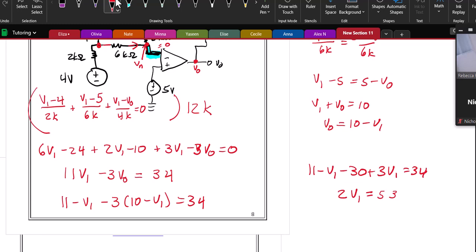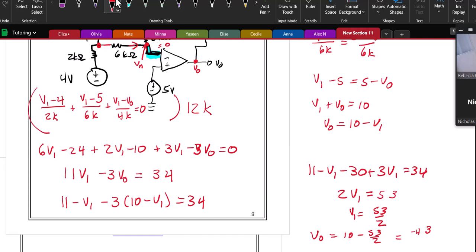What's V out equal? Oh, that might be right. Okay, so V1 is 53 over 2. V out equals 10 minus 53 over 2, which is not the right answer.